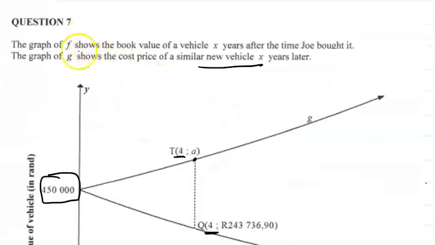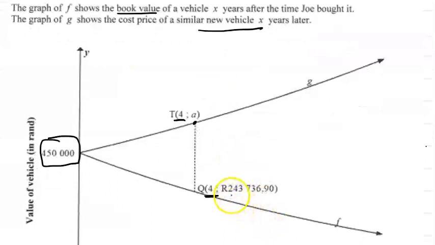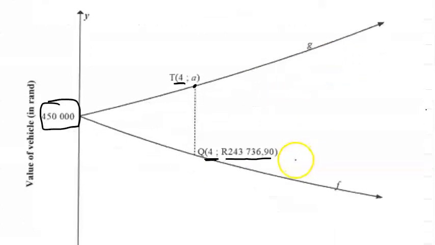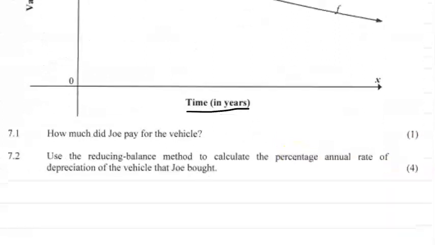They also tell us here that graph F shows the book value. Now the book value of the vehicle means that it is the value after it has been depreciated. So therefore, this particular value here, 243,736.90 Rand, is the book value of the vehicle after it has depreciated 4 years. So let's see, what do they want us to calculate?